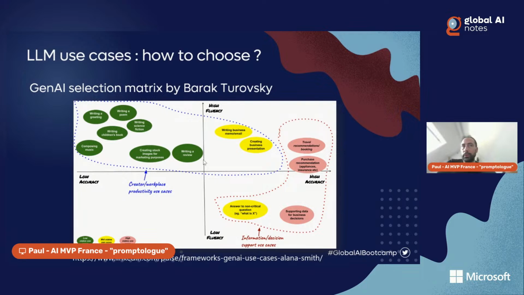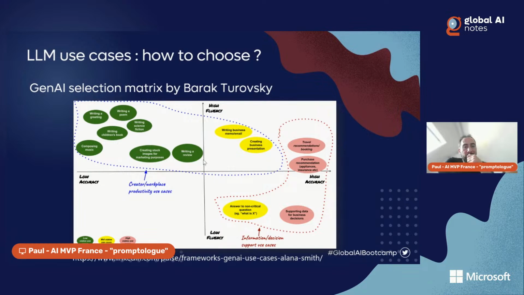You have to know that by design, a large language model is not designed to be 100% perfect. And so the use cases for large language models are on the left side of the accuracy axis. So if you don't need a big level of accuracy, it will be better for your use cases with generative AI.